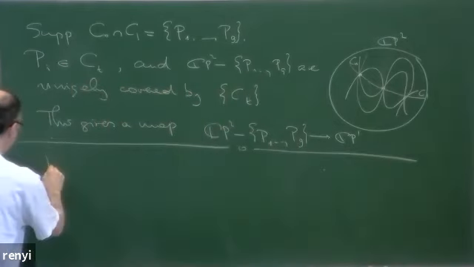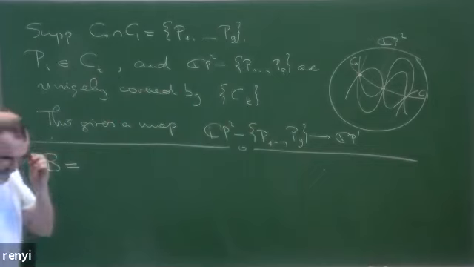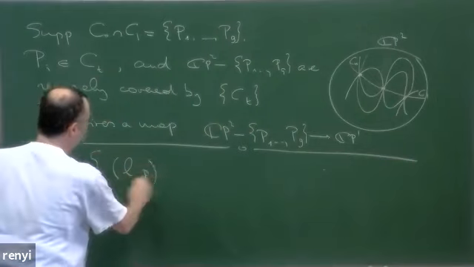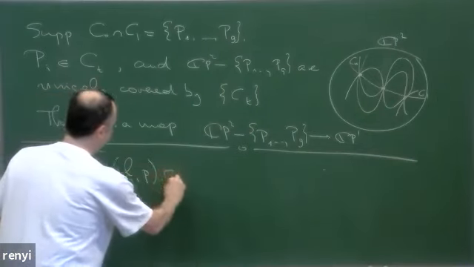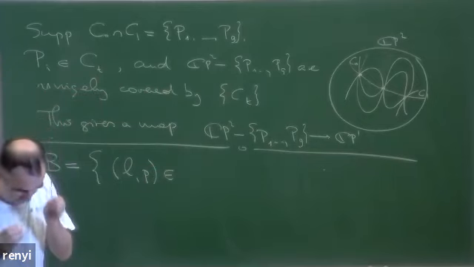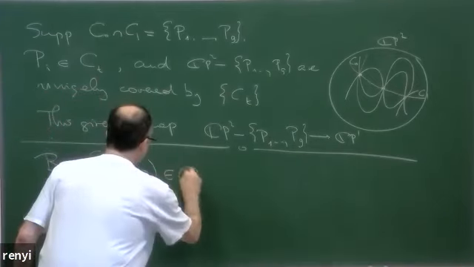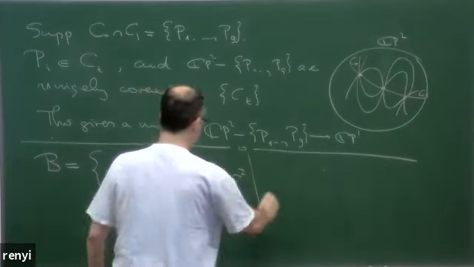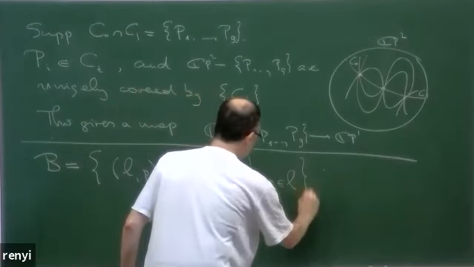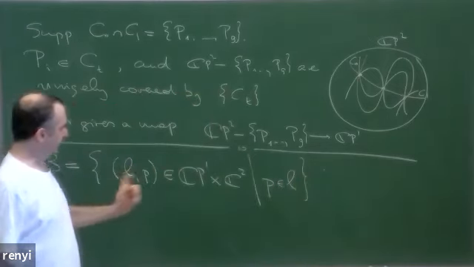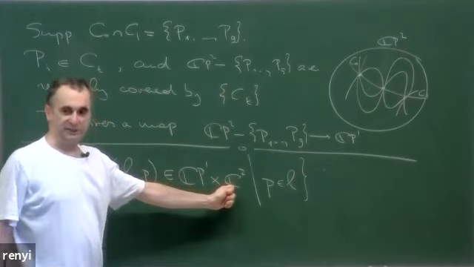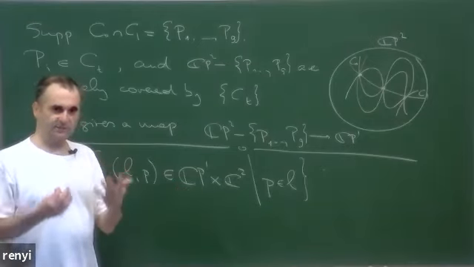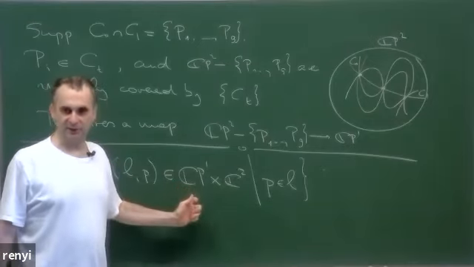Let's take B to be the following manifold. So we take pairs L and P, where these pairs are in CP1 cross C2, and the condition is that P is in L. So remember for a split second, points of C2 are denoted by P. In CP1, this is just the space of lines in C2 passing through the origin.